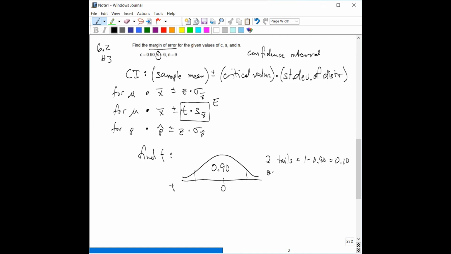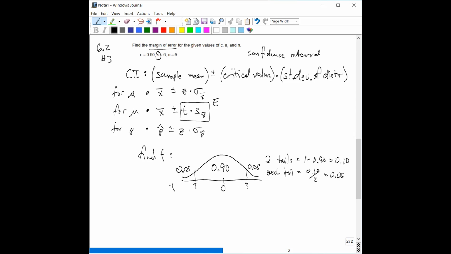But then what's in each tail? Just split it in half. So in each tail, there's going to be 0.05. And so now the question is, if those are the areas that we know, what is the t-score?